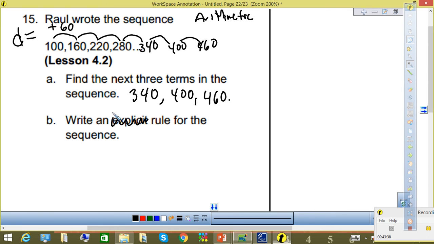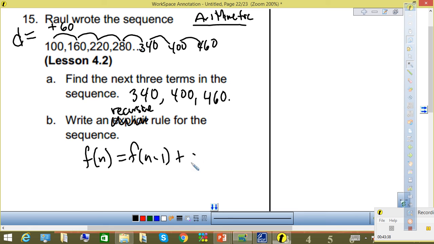I want you to write the recursive rule. And if it's arithmetic, remember that it's f of n equals f of n minus 1 plus d.